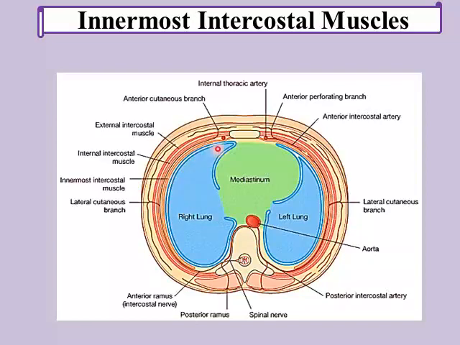If you look carefully, you will find a nerve fiber, the neurovascular plane, that runs between the red layer, which is the internal intercostal, and the orange layer, which is the innermost.